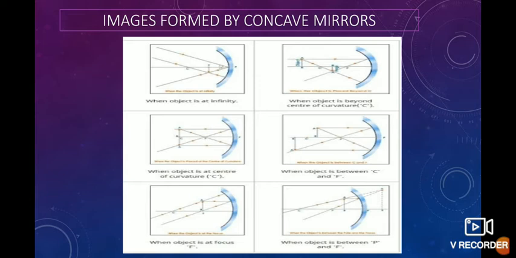But the size keeps changing. It keeps increasing when we take the object near to the mirror. But if you look at the last picture, if the object is very near to the mirror, in that case alone you get a virtual and erect image.